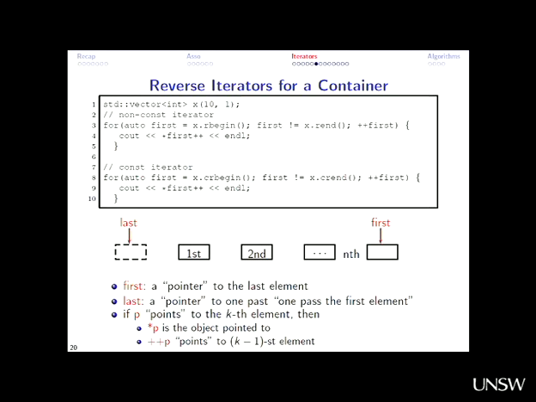The first thing points to the last thing, and the last points to the first. And so when we go plus plus on the iterator, we go backwards along our container. So reverse iterators should be reasonably straightforward.